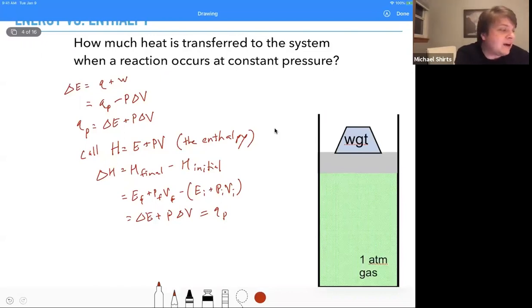And it turns out, if you're carrying out reactions at constant pressure, it's easier to keep track of the enthalpy than the energy. Because if you look at the heat that comes out of the system, as long as you keep it under constant pressure, what you get out is the enthalpy rather than any other quantity. Since most reactions in everyday life occur at constant pressure, we want to keep track of the enthalpy.